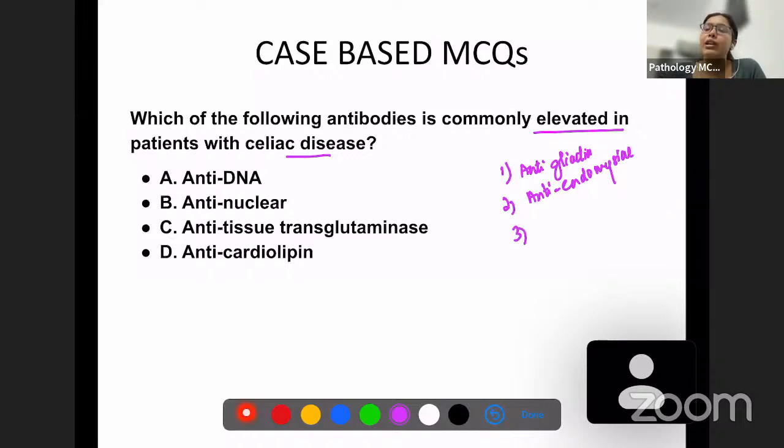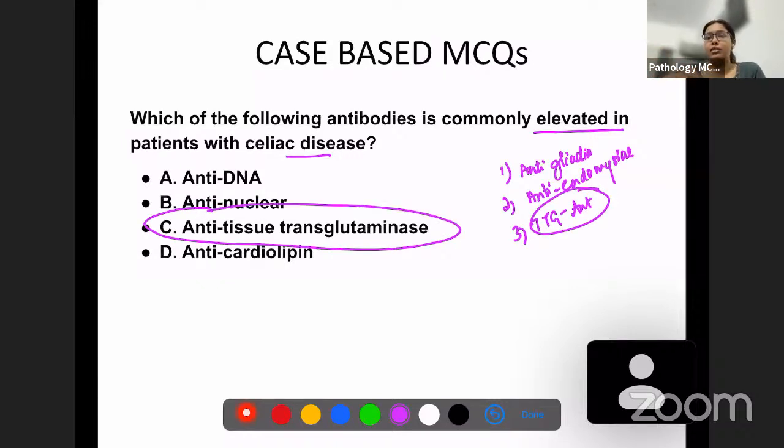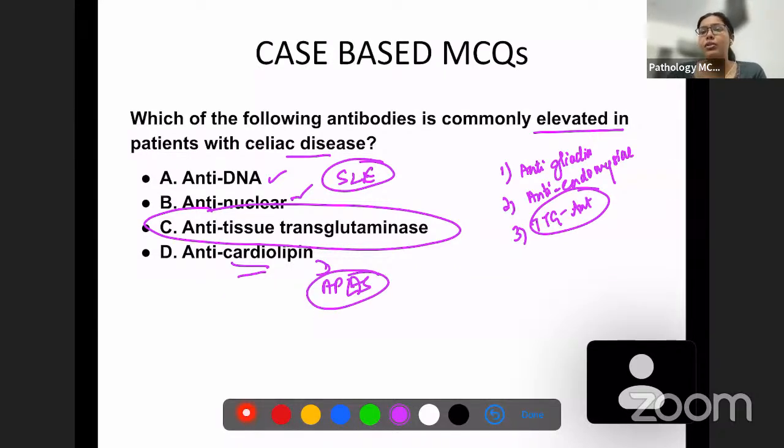And then we had anti-tissue transglutaminase antibody. So among these is the answer. Okay. Anti-DNA and anti-nuclear antibodies are seen in systemic lupus erythematosus. Anti-cardiolipin antibodies are seen in a syndrome known as anti-phospholipid antibody syndrome. Okay. So this is anti-tissue transglutaminase.